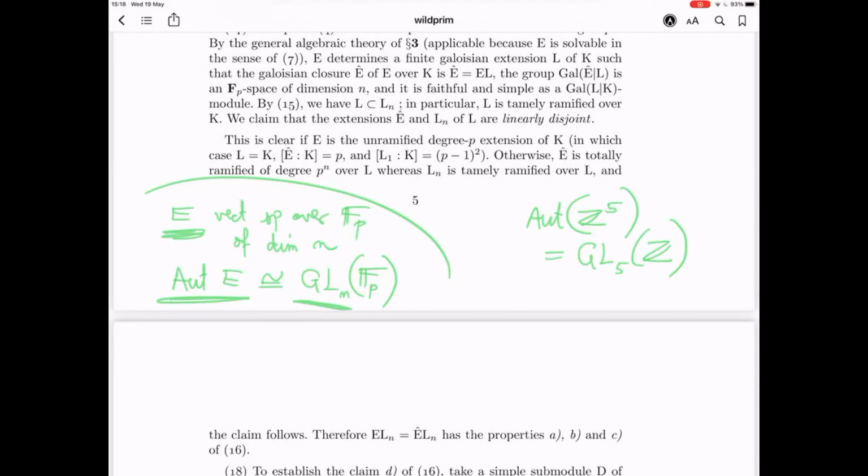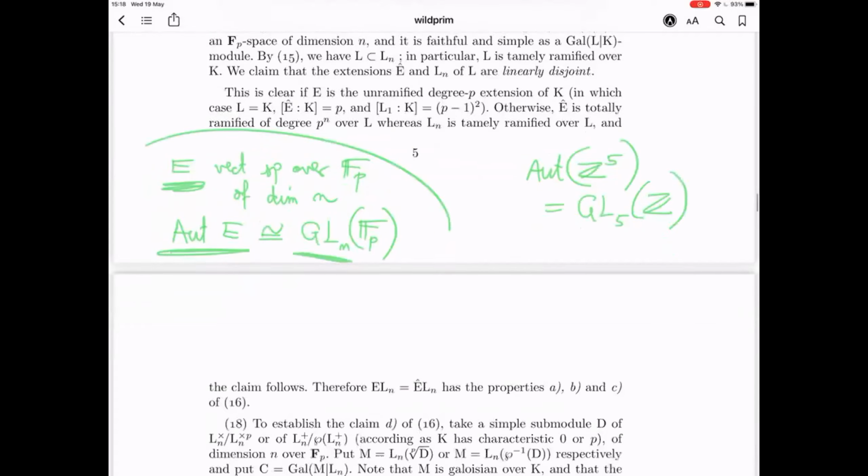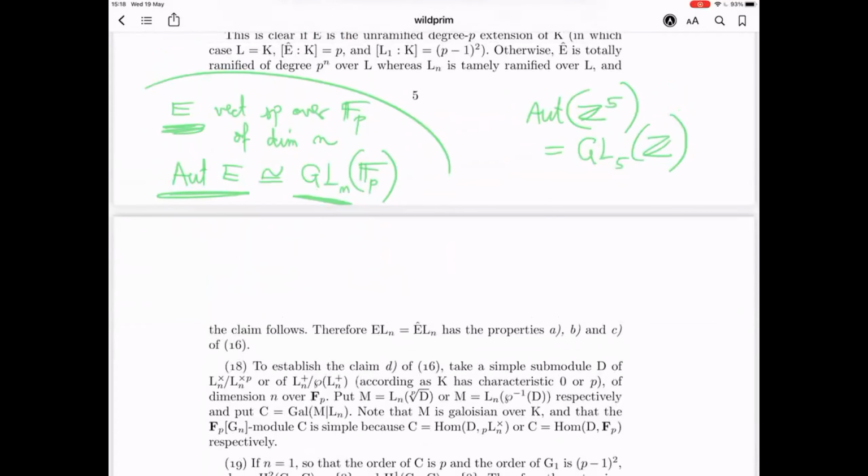But one has to be somewhat careful. If you take all automorphisms, of course, Aut(M) makes sense even when M is not a vector space.